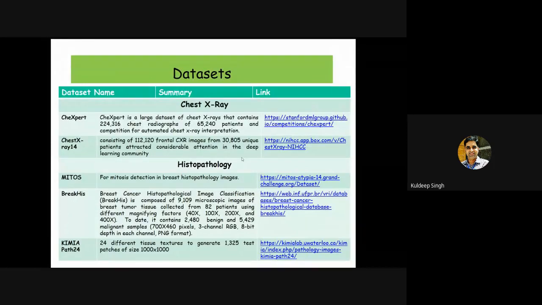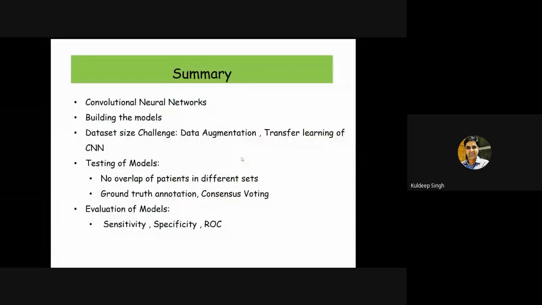These have different numbers of different types of patients for training or testing your models. Then we have histopathology related data sets like BRACHIS, which is being extensively used for cancer detection. And then MIDOS, we have ChemiaPath 24. So these are the different data sets for medical modalities.